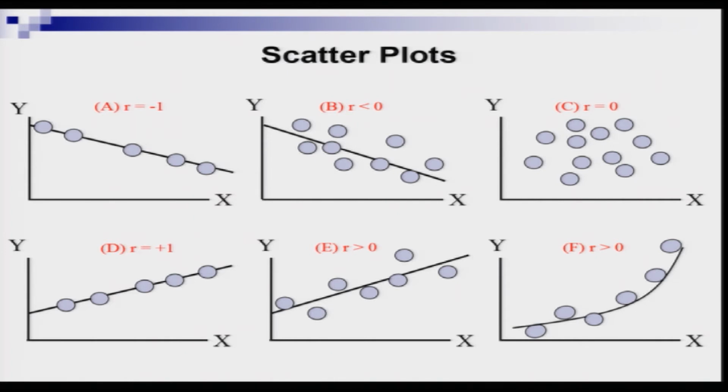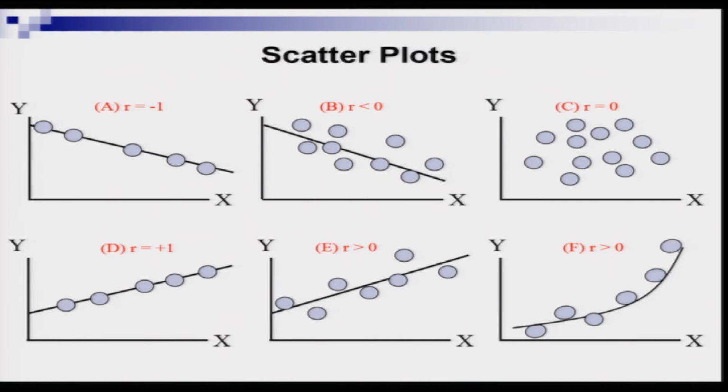But there is overall some feeling that there is some negative relation between y and x, and that is why you also find the computed value of r to be less than 0. So, you say that there is a negative relationship between two variables, but they are not perfectly negatively related.